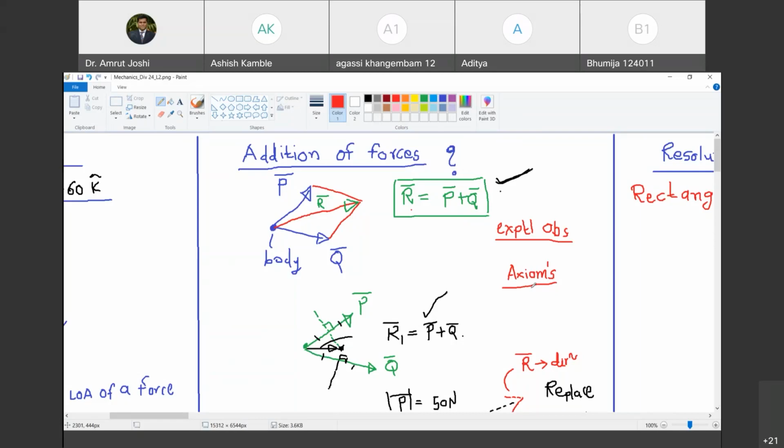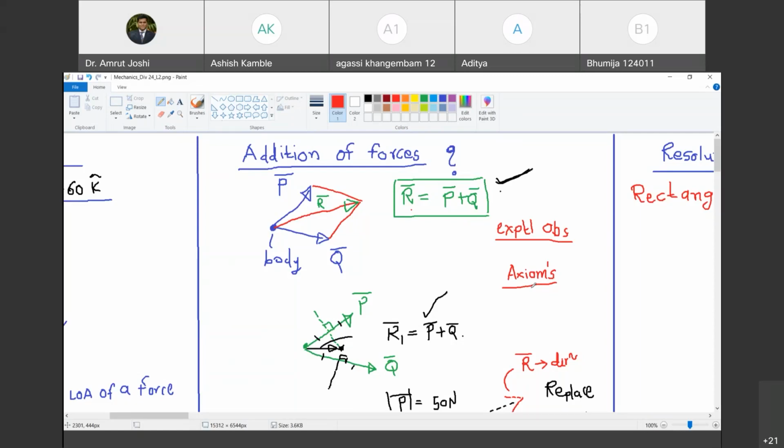There is one more axiom, that is the law of gravitation. If there are two masses spaced in a vacuum, m1 and m2, separated by distance r, the force of attraction between them is proportional to m1 m2 upon r square. Are you with me? Yes, sir. First of all, there is a force called gravitational force, force of attraction, and that is proportional to m1 m2 upon r square.